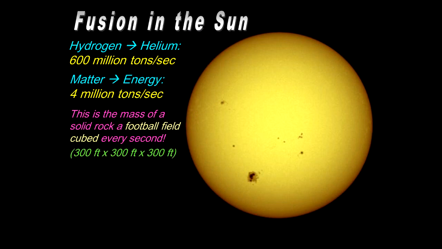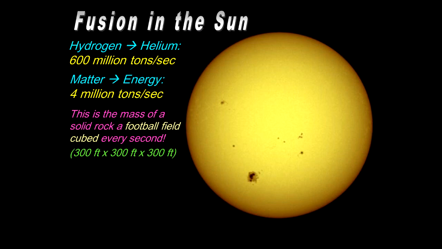Well, what is that? 4 million tons is the mass of a rock that would be the size of a cubic football field. A football field, if you think about looking end to end, go that wide and go that high. Walk up to that thing, solid rock. That's how much matter is literally disappearing from the sun every single second.